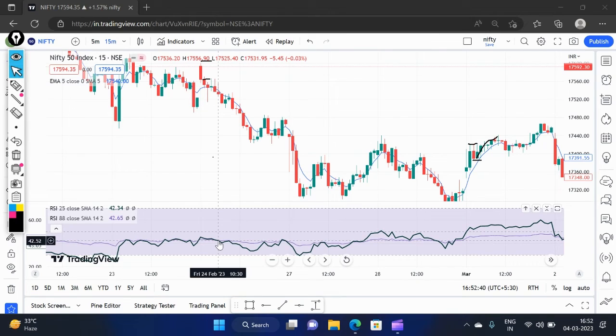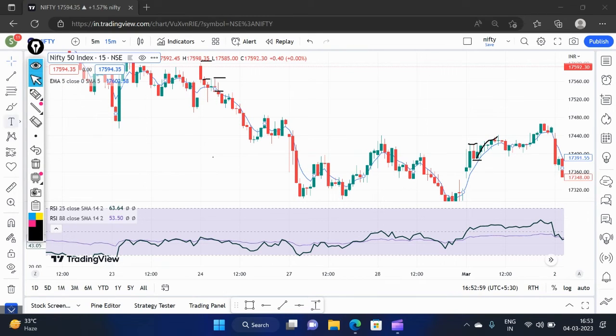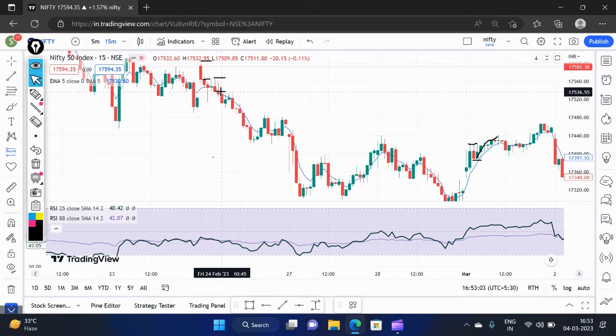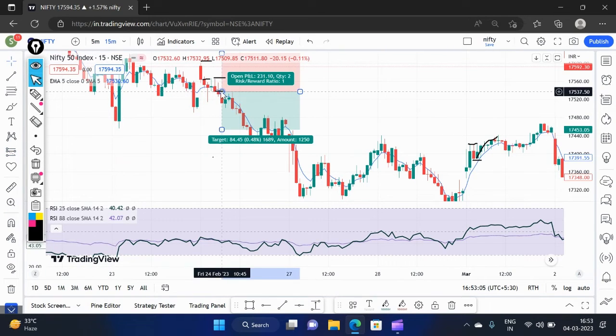Now where does it cross over? Somewhere over here. So you go ahead and take this trade somewhere over here. Here is where it crosses over. You take the trade here, and your stop loss is somewhere over here. When you take this trade, as I told you already, you would look for somewhere around a 1:2 risk reward ratio.